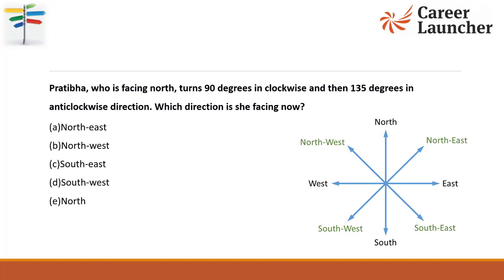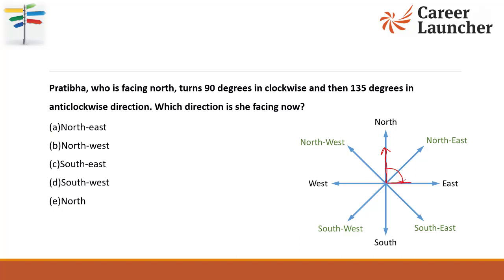Pratibha, who is facing north, turns 90 degrees in clockwise and then 135 degrees in the anti-clockwise direction. Which direction is she facing now? Again, this person is facing north. 90 degrees clockwise would mean that clockwise is the right hand movement, so she would now be facing east.